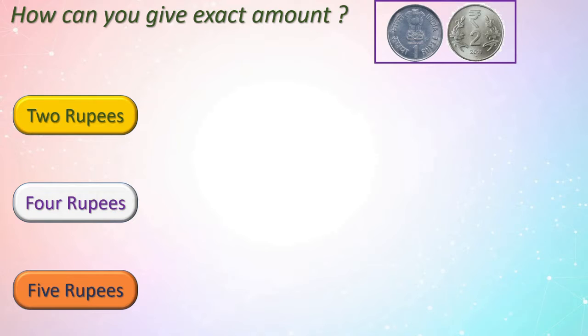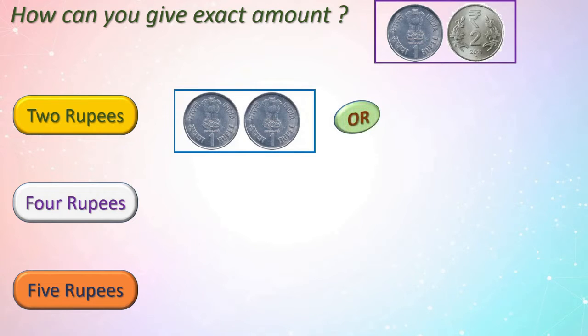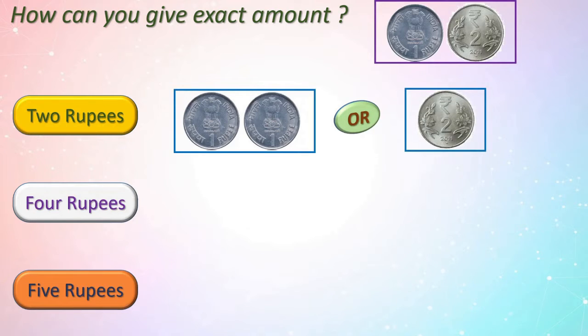He wants to purchase a pencil. Then how will you give? Okay. You can give two 1 rupee coins. This became 2 rupees. Or in another way you can give one 2 rupee coin. The values are the same, that is 2 rupees.